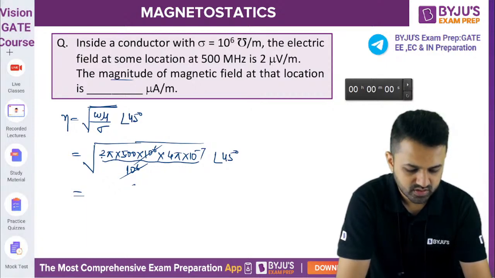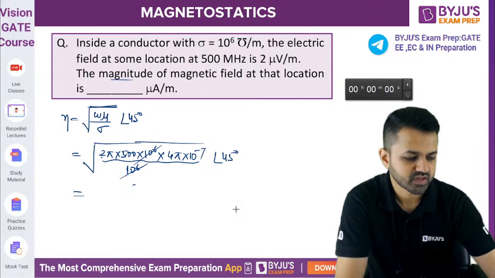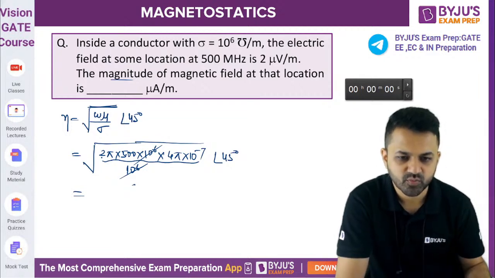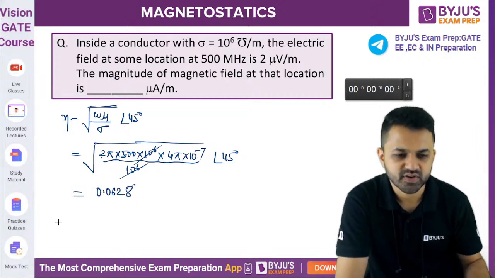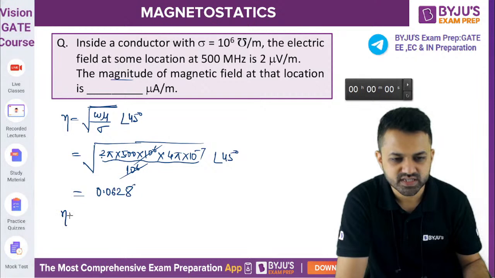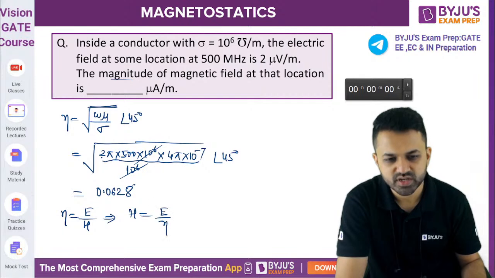Root over 2 pi into 500 into 4 pi into 10 to the power minus 7. 0.0628. Are you also getting 0.0628? Yes. Now the electric field is given. We know that eta is equal to E upon H, so from here you can calculate the value of H, which is E upon eta.